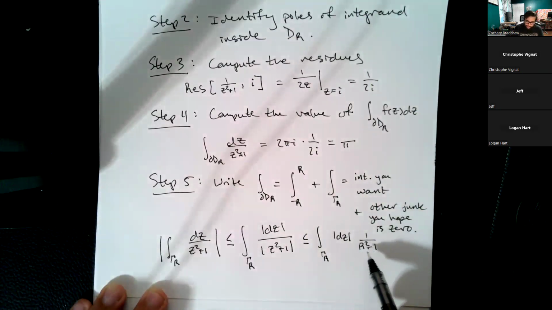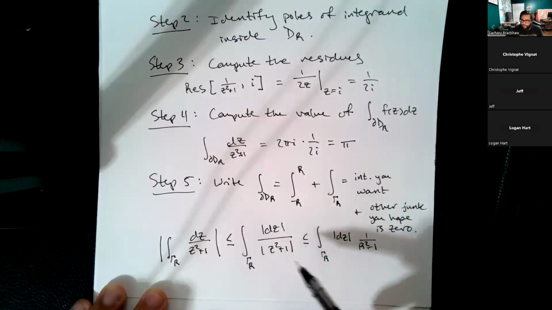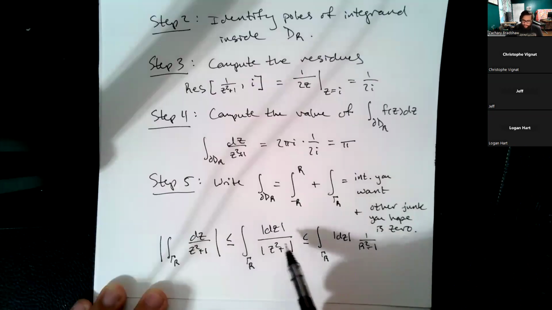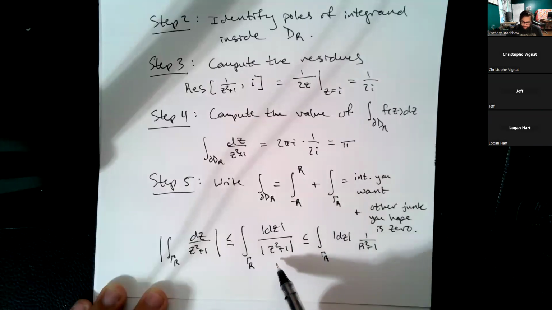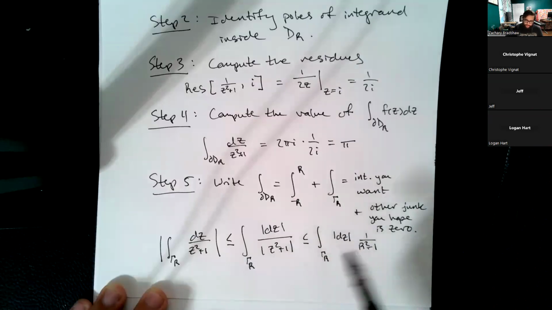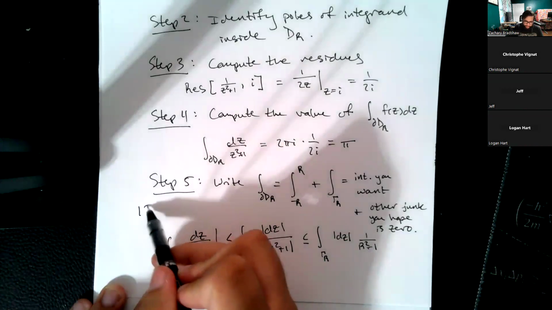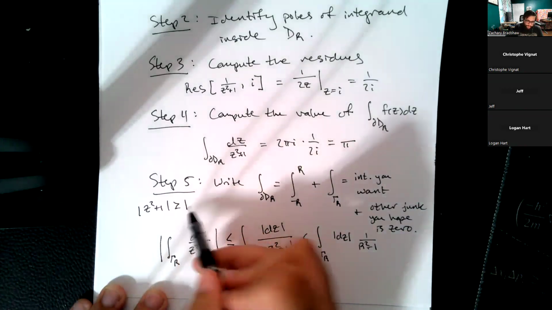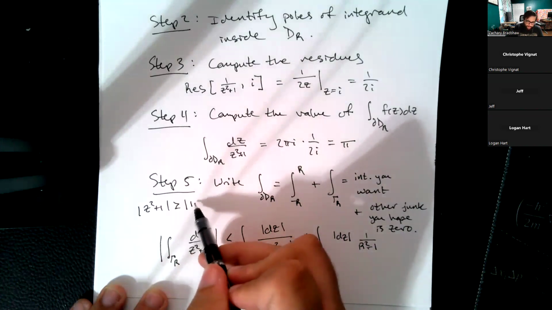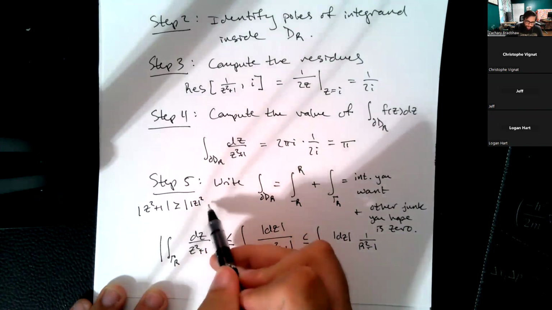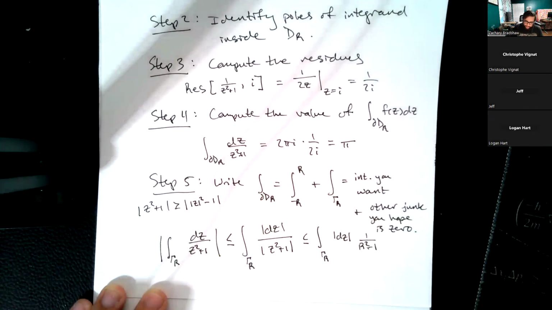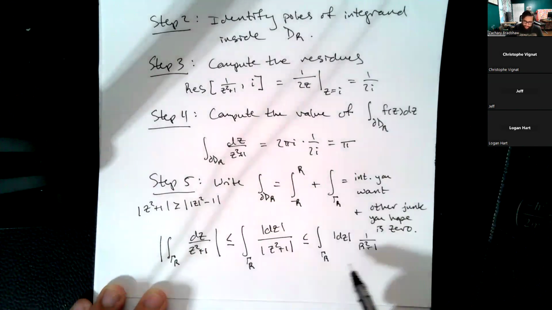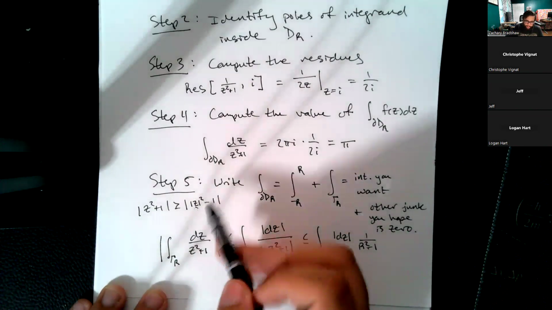So this comes from the reverse triangle inequality. Yes, okay. So we have modulus of z squared plus 1 greater than or equal to the absolute value of modulus of z squared minus 1. And along this contour, this will be r.